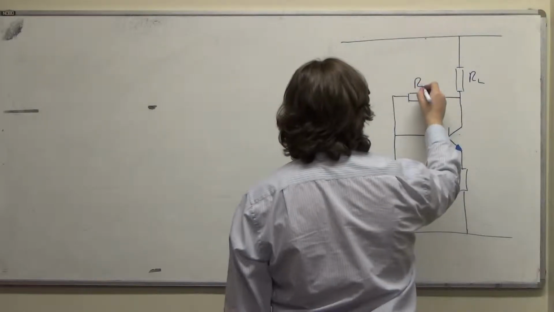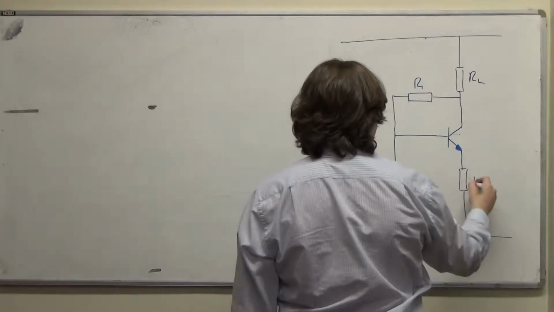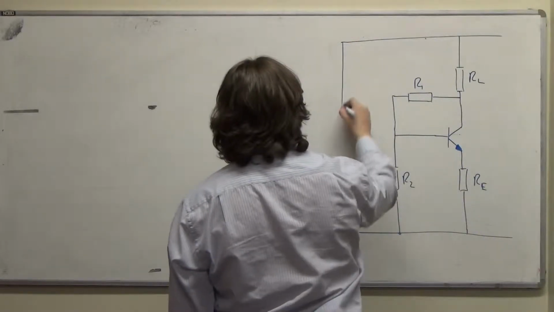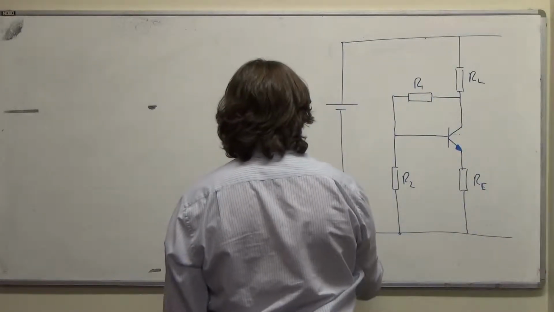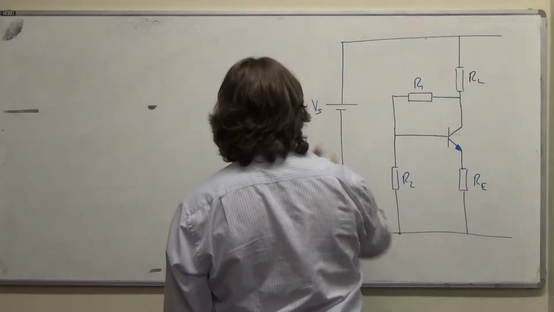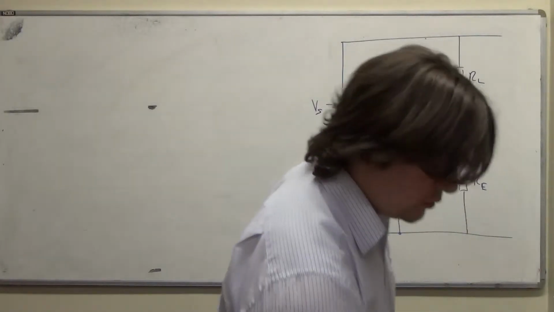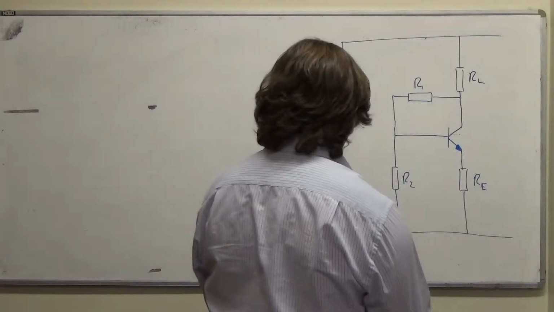That's RL, that's R1, that's R2, that's RE, and we have our battery, which I call the S. And we can add on some voltages and currents.